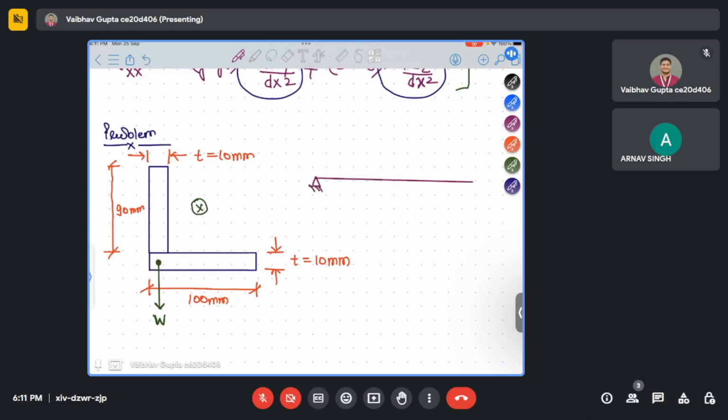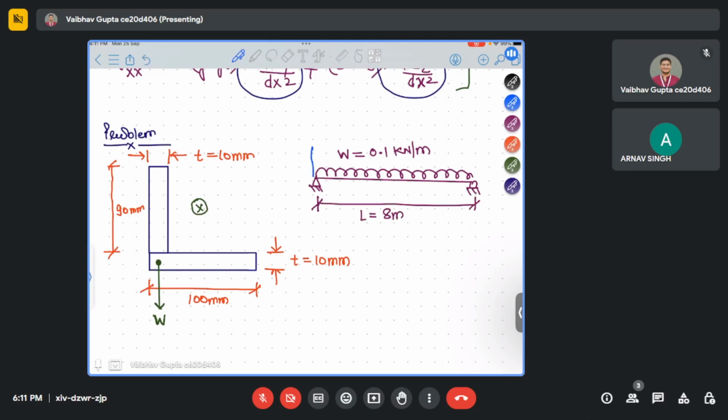So a UDL is applied. This loading is W, whose value is given in kilonewton per meter, and the length is L, 8 meter. Okay, so I'll draw the coordinate axis first.